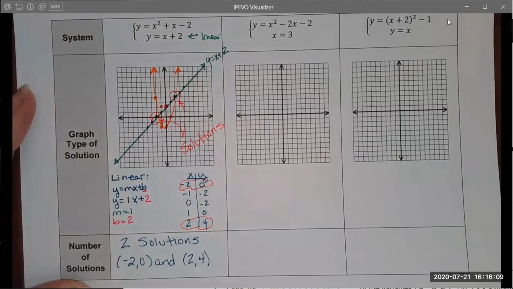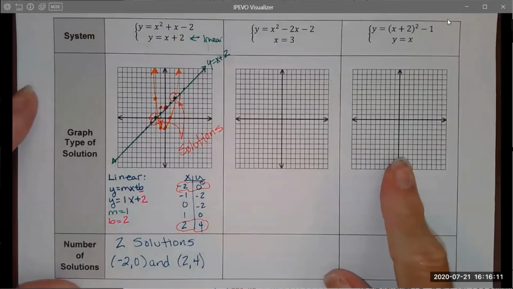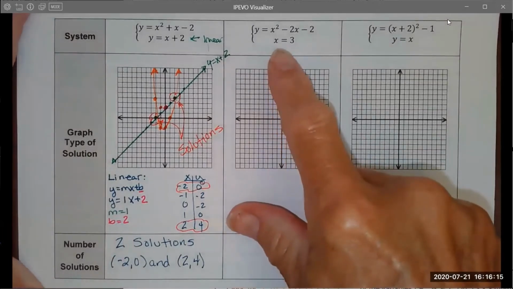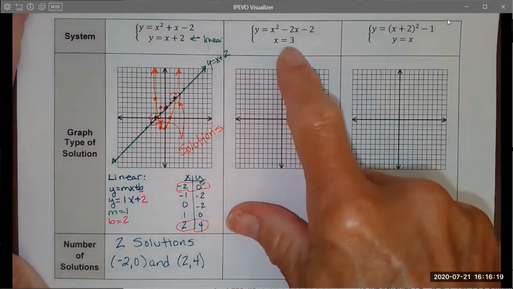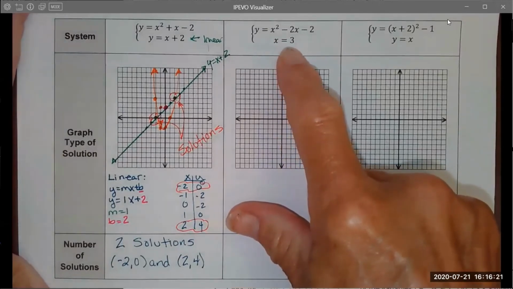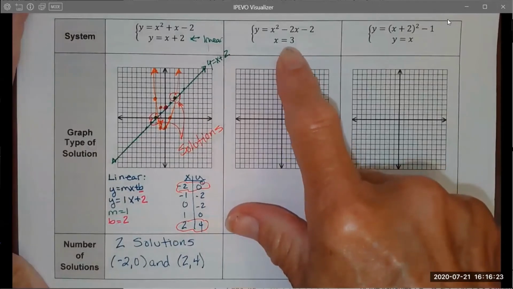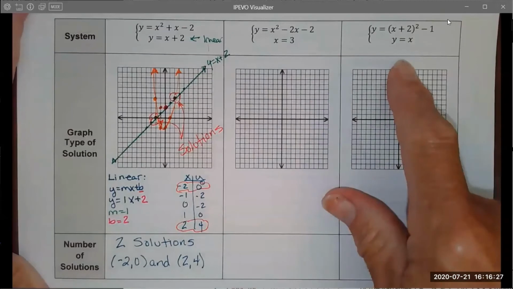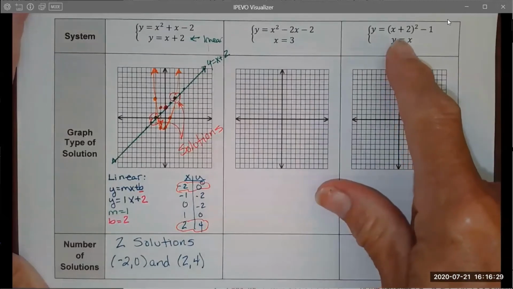The strategies are the same for the remaining two examples. I notice initially here that x equals 3 is a vertical line. Notice there's no y here. That means it's a vertical line, no y, no slope. So I'm going to draw that vertical line and see the intersection. This top equation is quadratic and it's in vertex form.